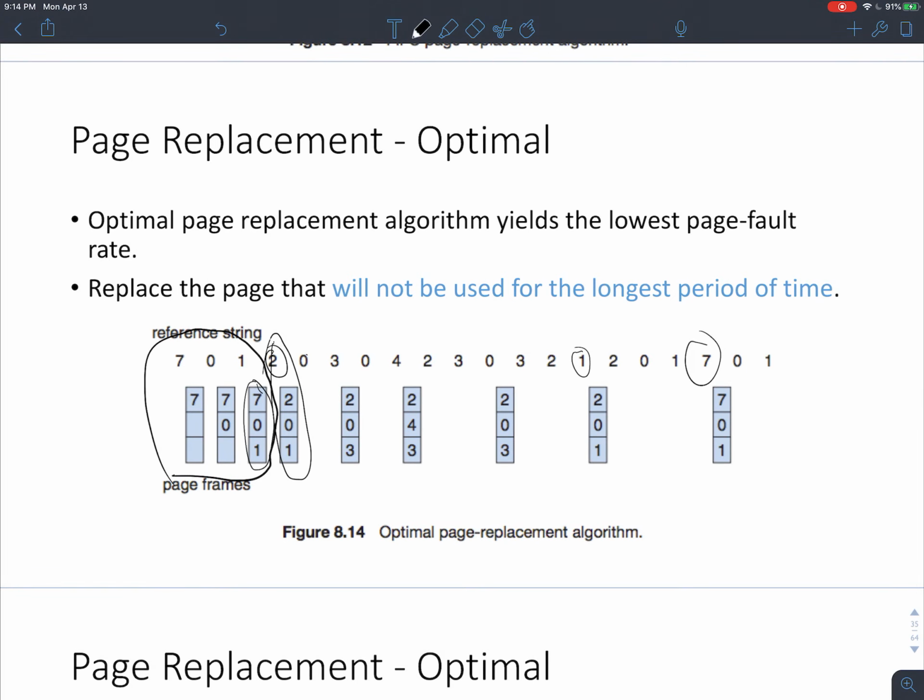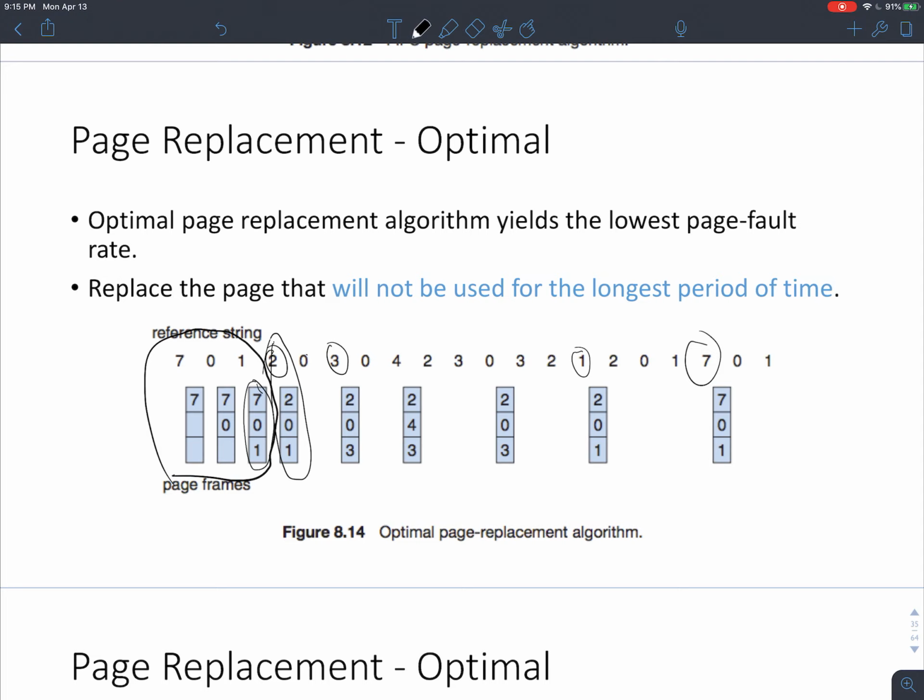Next we want to refer to page 0. 0 is already in memory, it's fine, no page fault. Then we want to refer to page 3. Now we have 3 frames, 2, 0, and 1 in physical memory. 3 is not in them, so there is a page fault, and we need to do page replacement.